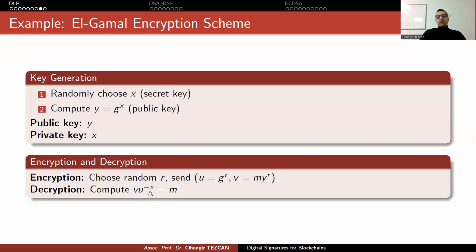In the decryption side, what you do is as follows. You take this U and calculate the minus X power of it. So since X is your secret key, you know this value. But if you write U as G to the R, this means that actually G to the power minus XR, right? So also Y to the R is here, which is G to the XR. So minus XR cancels each other, and you end up with M. So a very simple number theory.